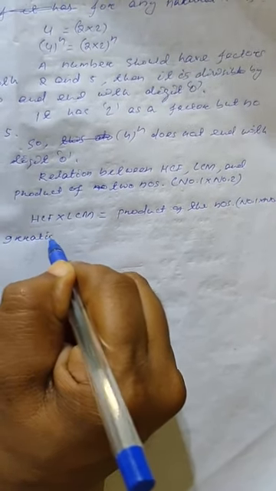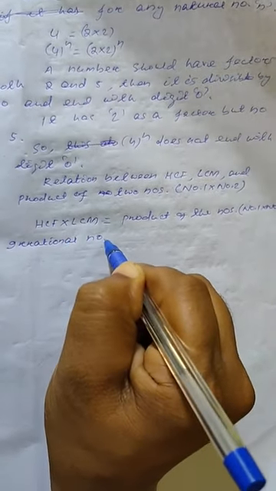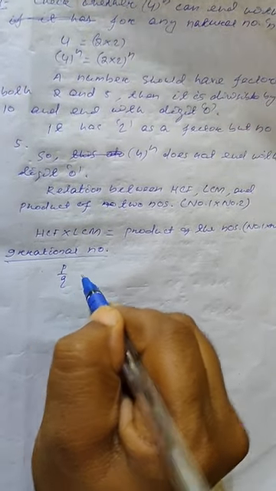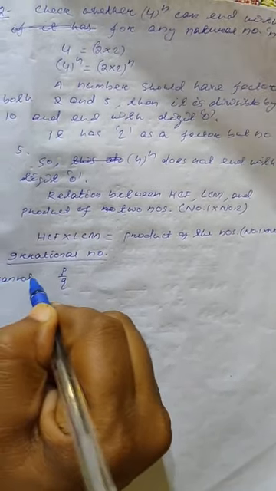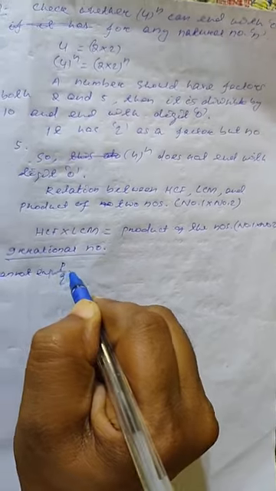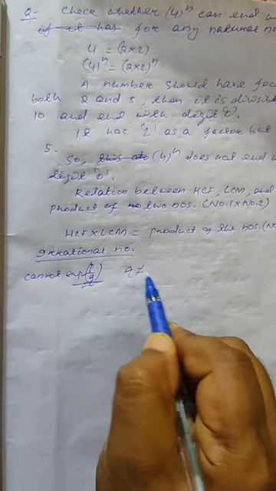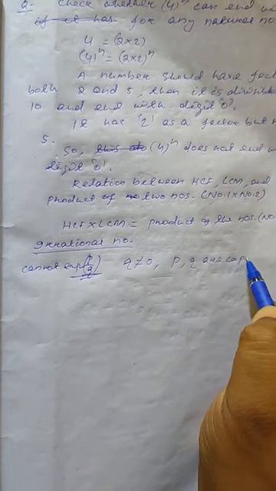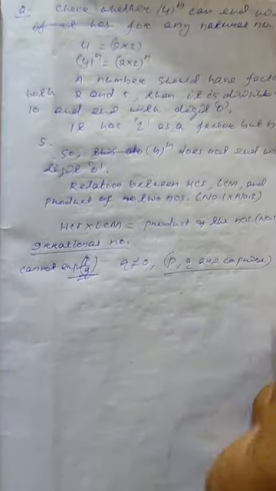You know that the numbers which cannot be expressed in the form of P by Q, where Q is not equal to 0 and P, Q are co-prime, then we can say these numbers are irrational numbers.